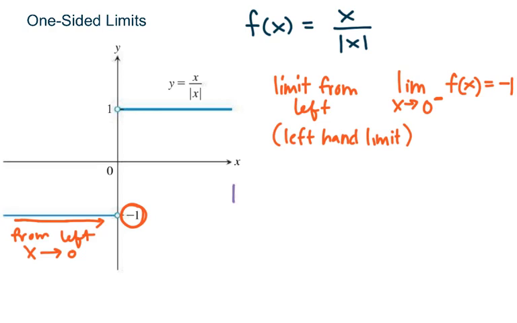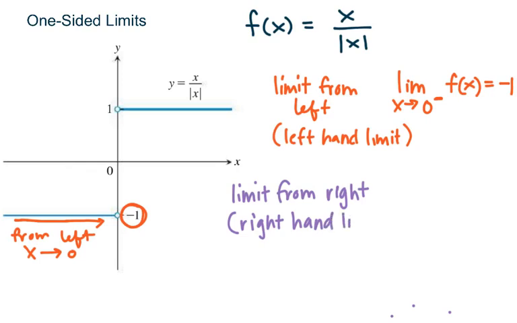Similarly, if we think about the limit from the right, or my right-hand limit, we could say the limit as x approaches 0, and we use a plus sign as our superscript, from the right side of this function.